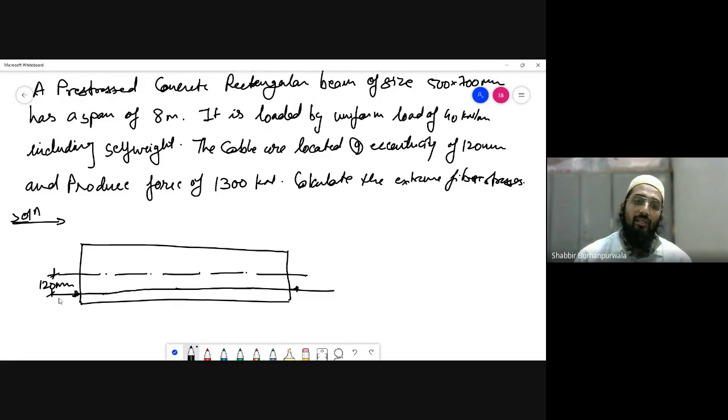At a distance of 120 mm, we have provided a cable having a load equal to 1300 kilonewton.